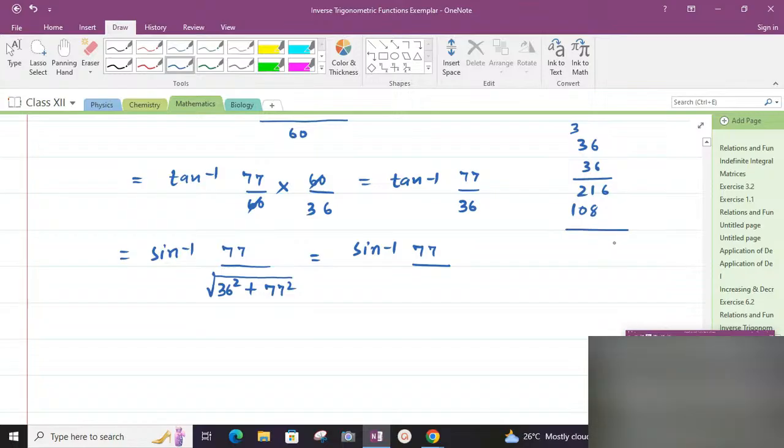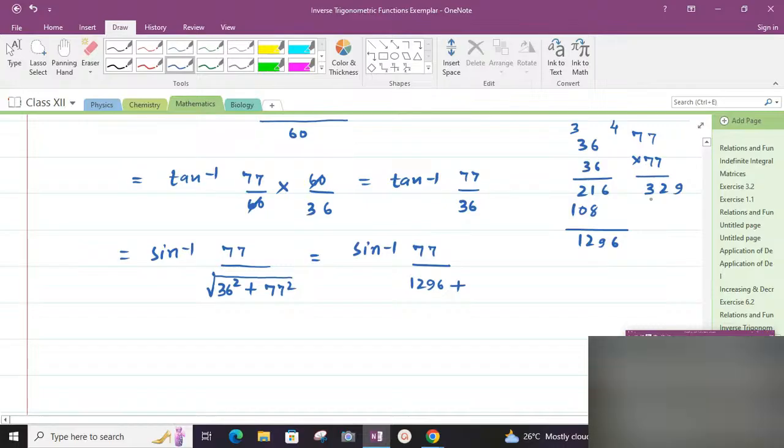So the addition will be 1296. Plus the square of 77: 77 times 77 gives 49 and 4, 32 and also 9, 2.